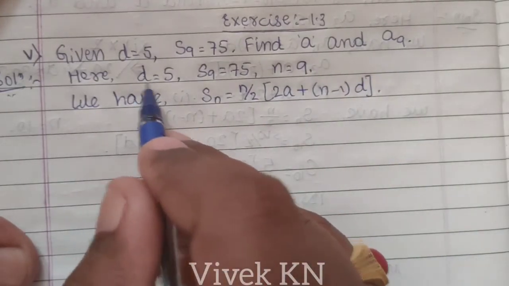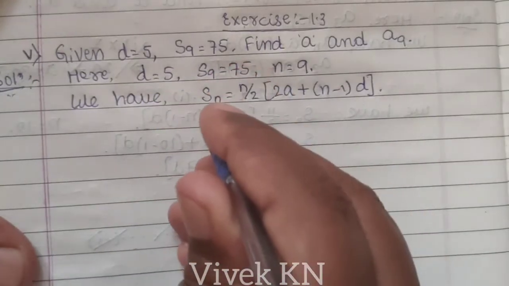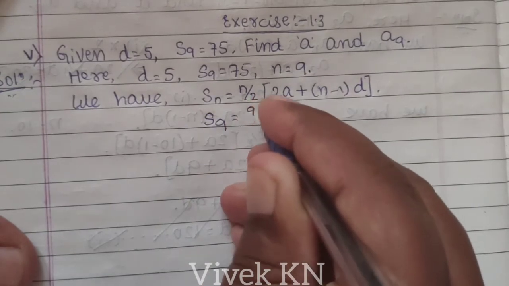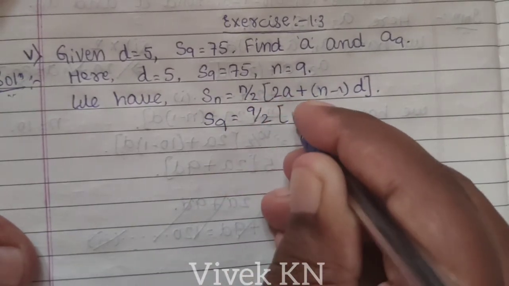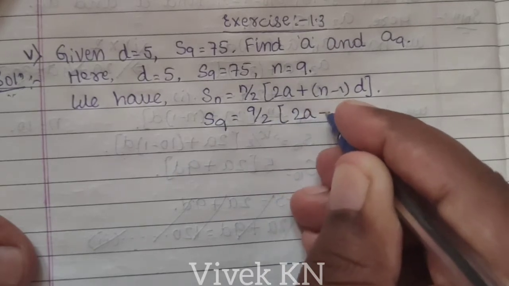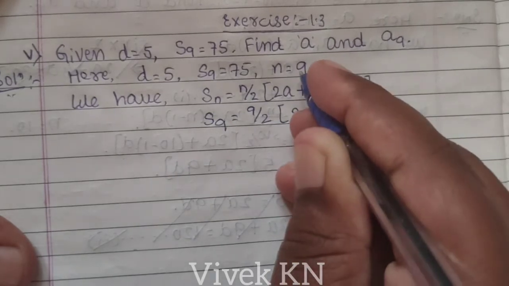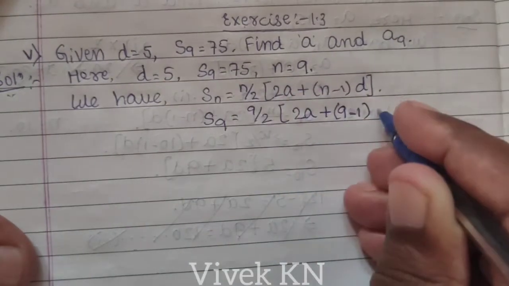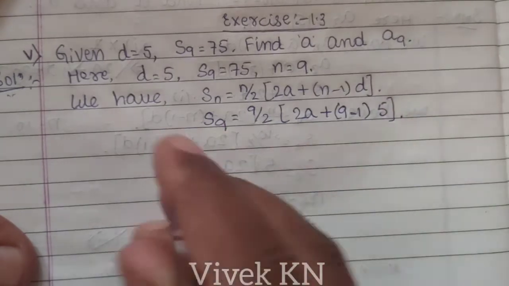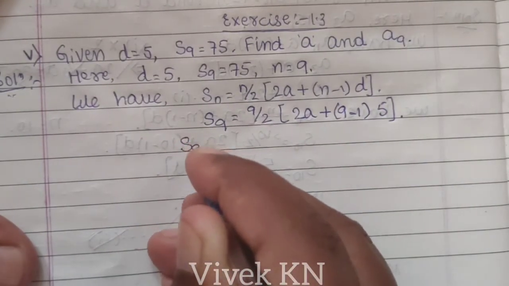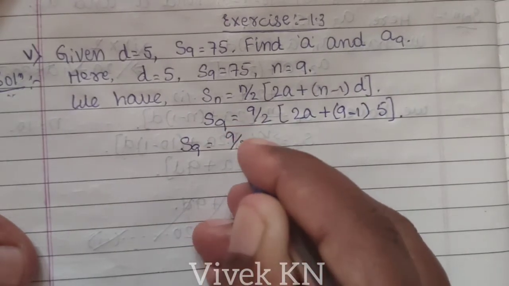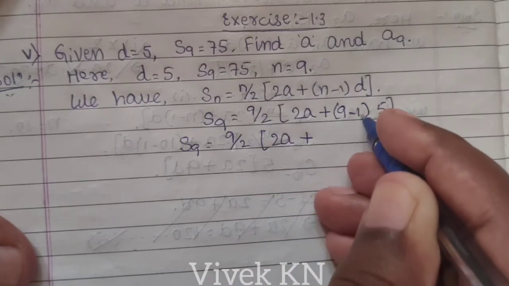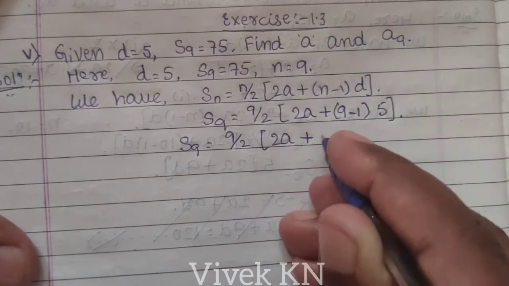Now let us substitute all these values into this formula. The value of n is 9, so S9 is equal to 9 by 2 into 2a plus 9 minus 1 into the value of d, which is 5. That is S9 is equal to 9 by 2 into 2a plus 9 minus 1 is 8, into 5 is 40.